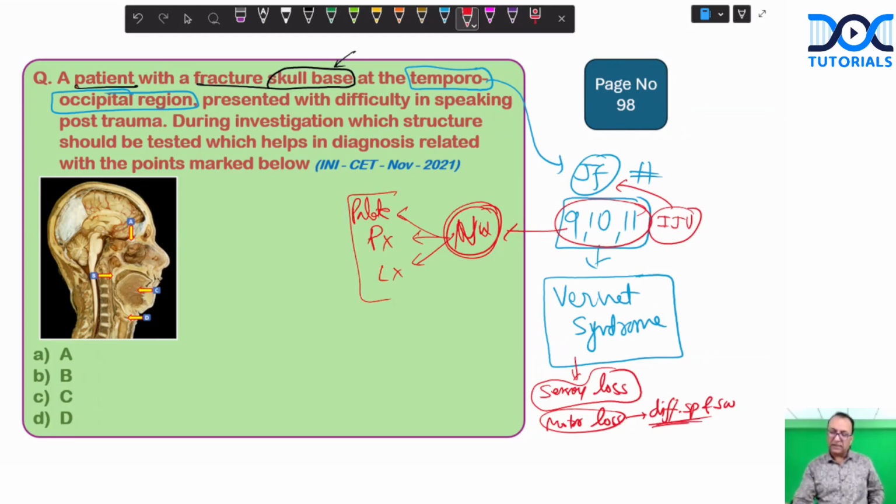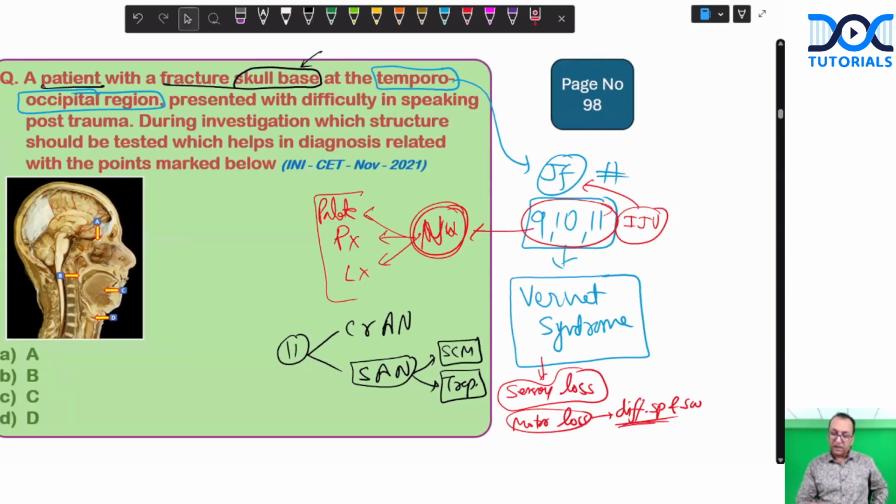And not only that, with the 11th nerve in the jugular foramen, dysarthria, dysphagia, dysphonia, all those problems will be there. The 11th nerve has a cranial accessory part, and it is also the spinal accessory nerve. The spinal accessory nerve supplies two muscles, sternomastoid and trapezius, so even those will be compromised.